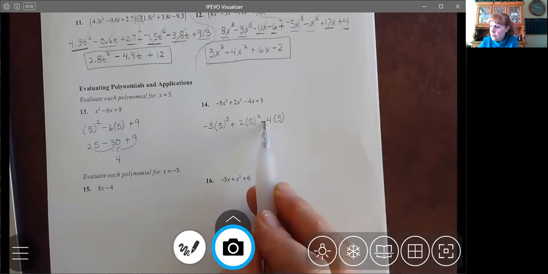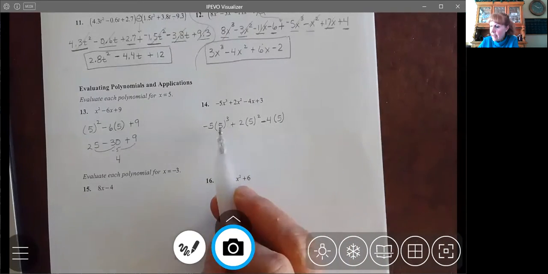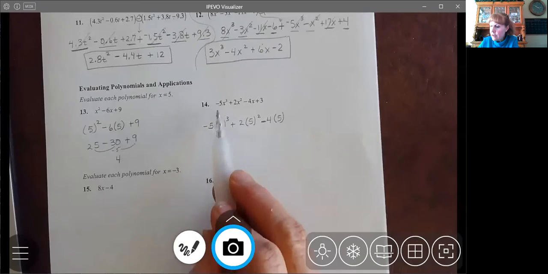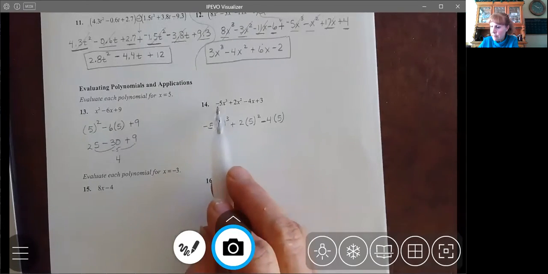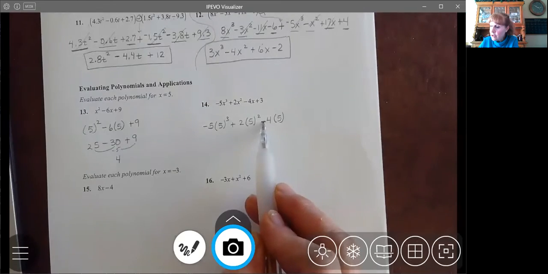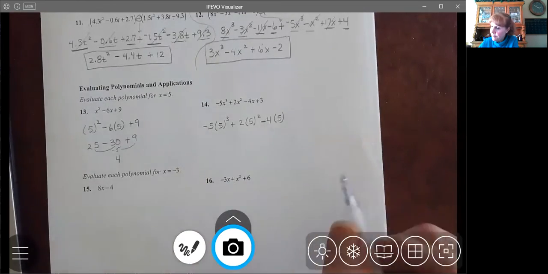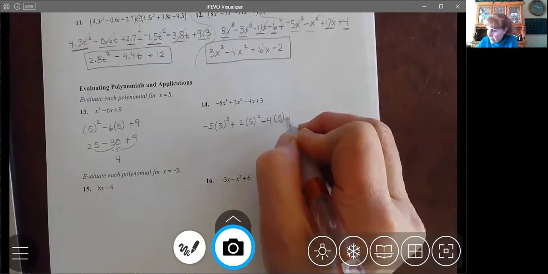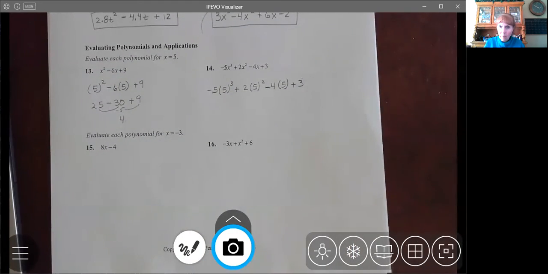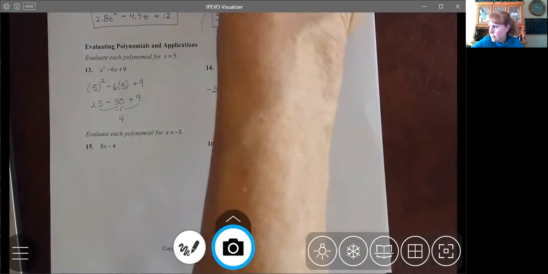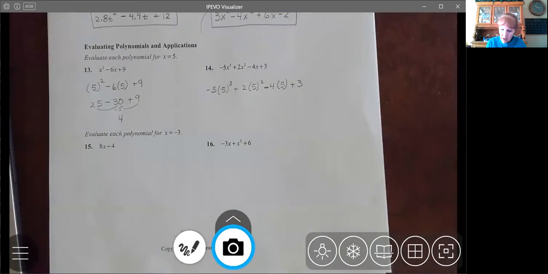Remember, there's a difference between a subtraction and a negative. This is going to be a negative on the calculator because it's not between two numbers. That's a subtraction, that's a negative. Plus 3.